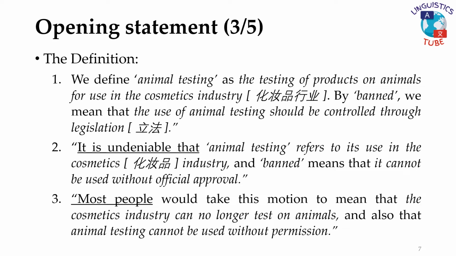In the second example, Speaker 1 says that his or her definition is undeniable. This again demonstrates a high level of confidence, as it implies that no one can disagree with the affirmative team's definition, especially the negative team, who are welcome to disagree with it in their opening statement.